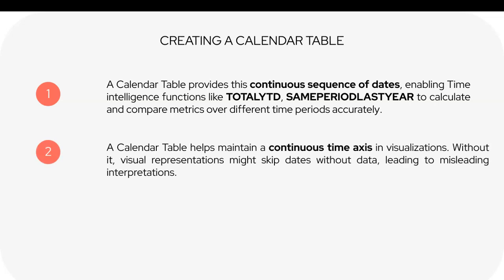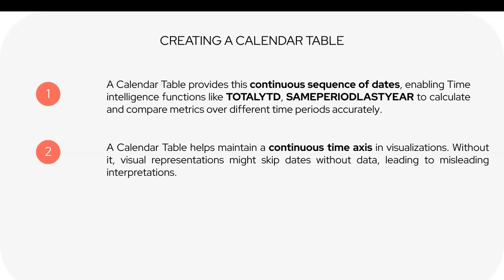Now, the second one is that you need to maintain a continuous time axis in your visualization. So take an example that maybe there was a period you didn't sell. So July, August, your shop was closed. With a calendar table, that gap should be shown, okay, so that we know that there was a period that had no activity.